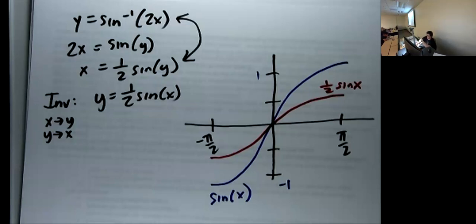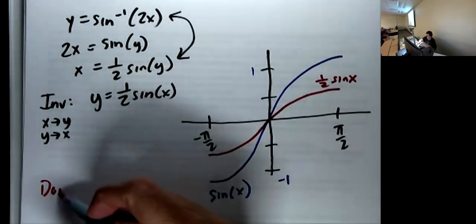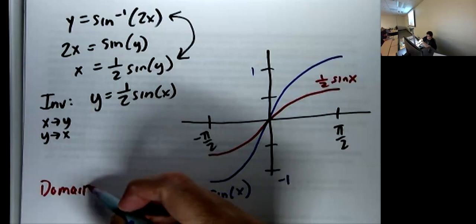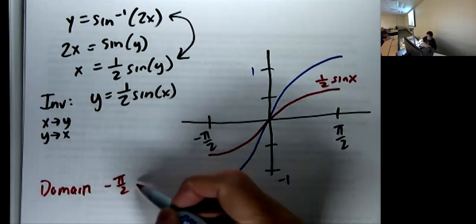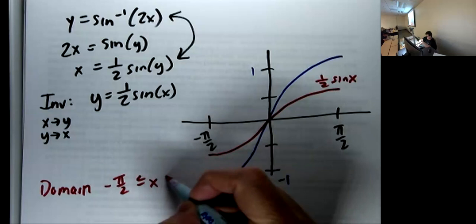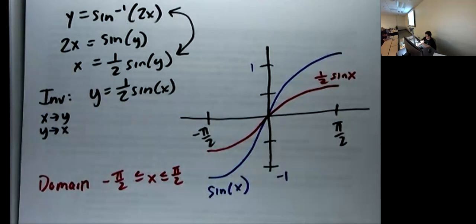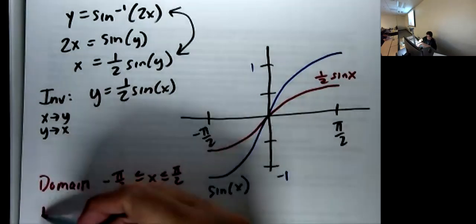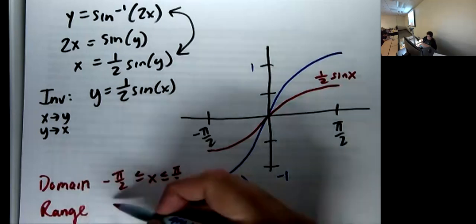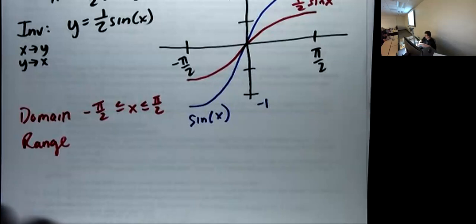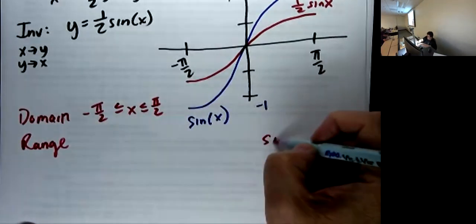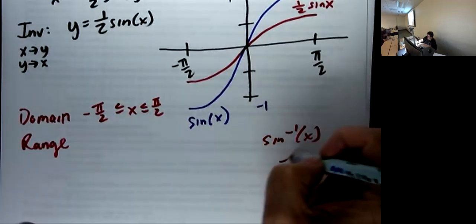The domain here is still negative pi over 2 to pi over 2. Notice the range is now different though. When you look at the domain and range for what works for inverse sine, sine inverse normally has -1 to 1.